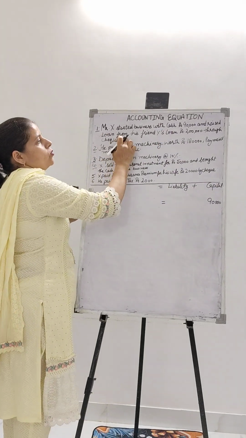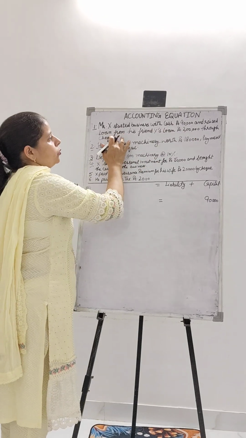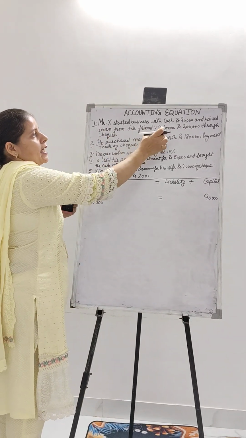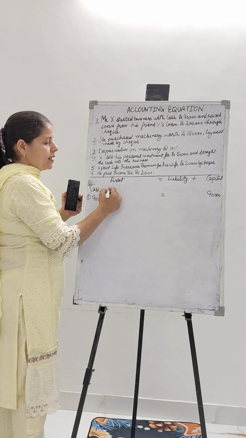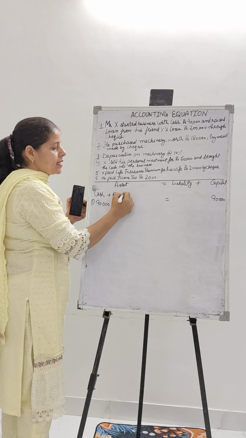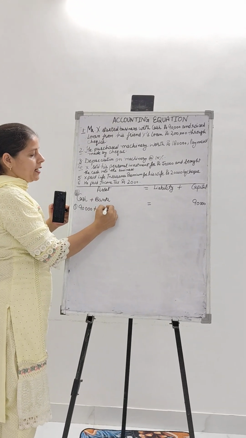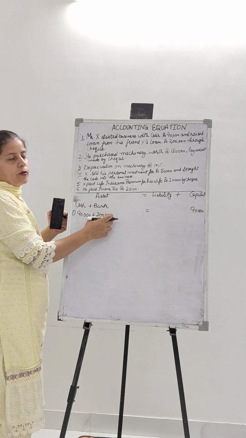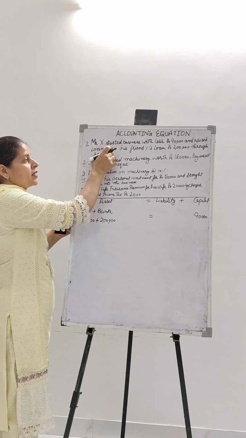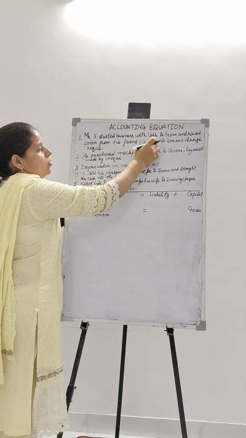And he raised a loan from his friend, that is rupees 2 lakh through check. Now he has raised a loan through check, so that means he is receiving the money in his bank account worth rupees 2 lakh. The money he is receiving in his bank account because of the check has been given by his friend as a loan.